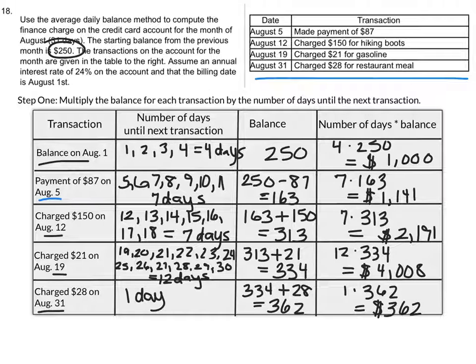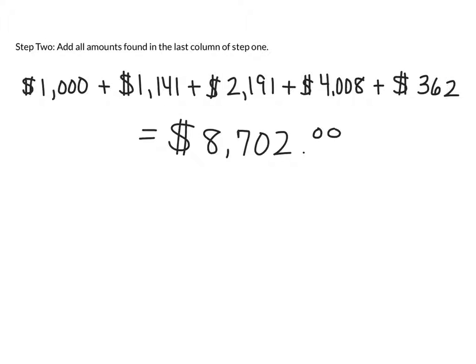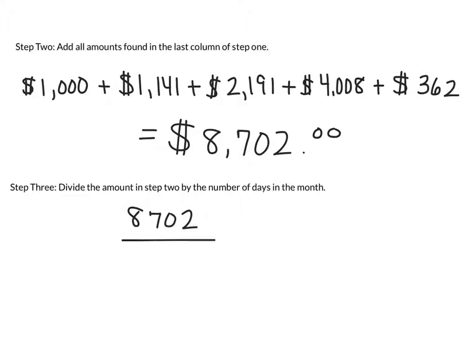Next, I'm going to add all of the values that I found in the last column of my chart. And I'll do this in my second step. When I add all of those values together, I get $8,702. My third step is to divide the amount in step 2 by the number of days in the month. The amount found in step 2 was $8,702, and there's 31 days in August.